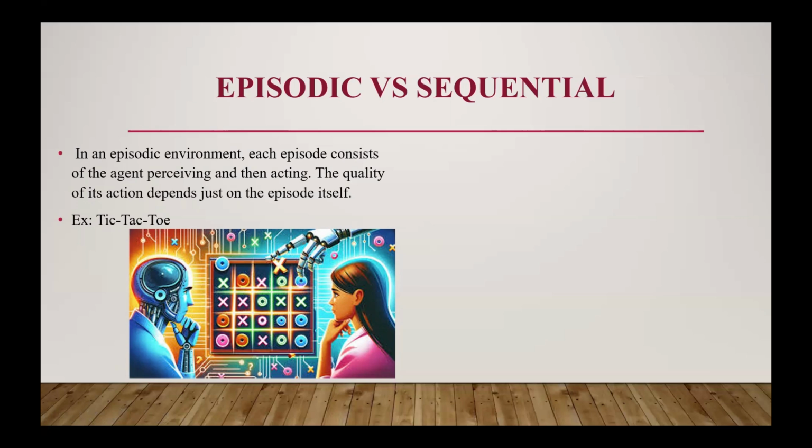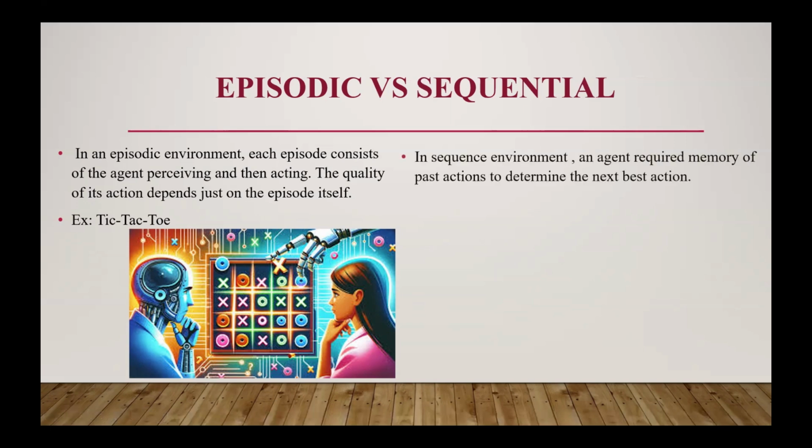The game consists of a series of one-shot actions where the current state of the board is the only thing that matters for the next move. There is no need for the player to remember past moves because they do not affect the current move. The game is self-contained and episodic.